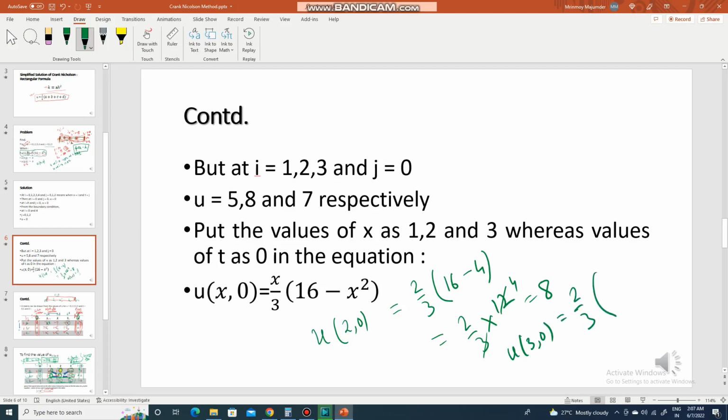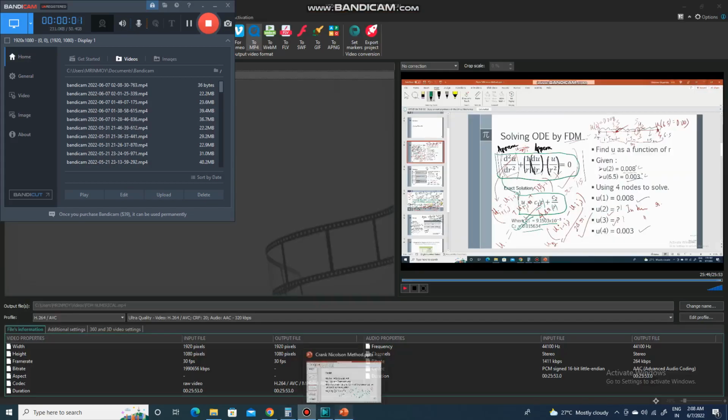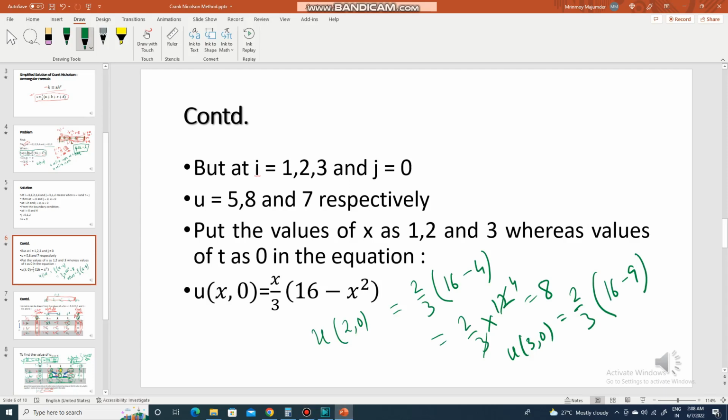this is 3 by 3 into (16 minus 9). So 16 minus 9 is actually 7. This is 16 minus x square, so 3 squared is 9, and 16 minus 9 is 7.